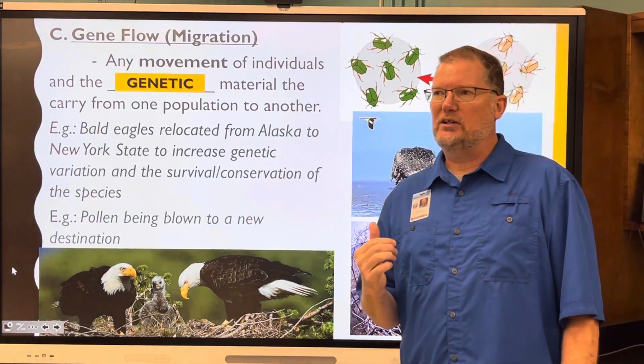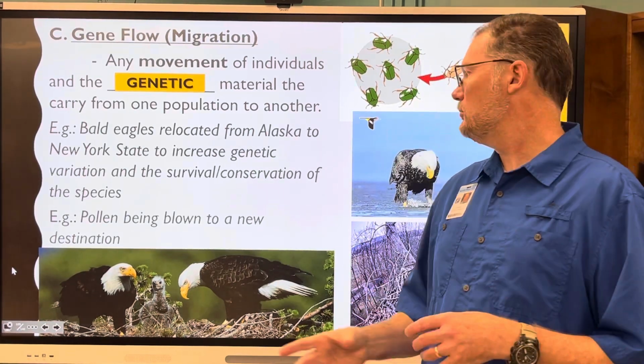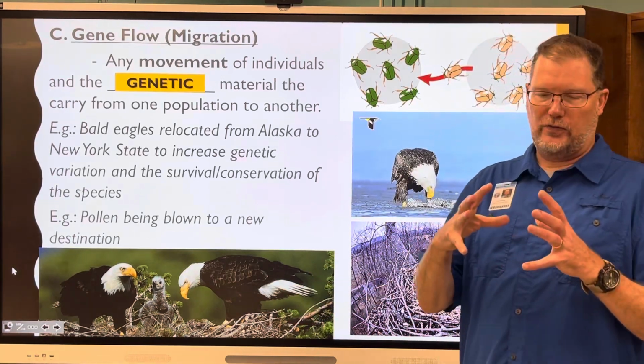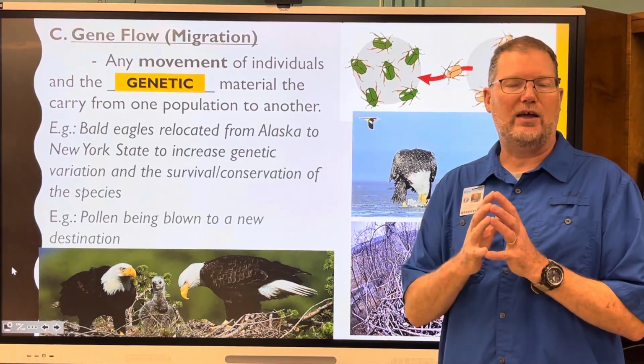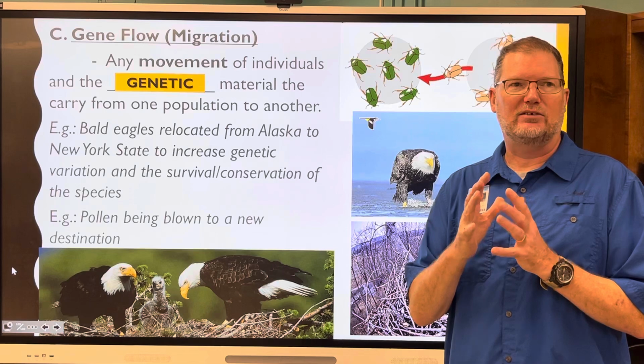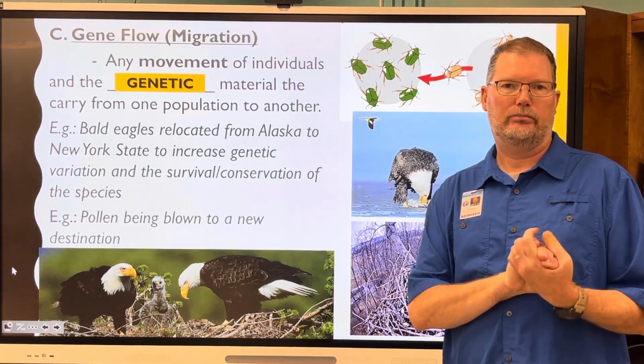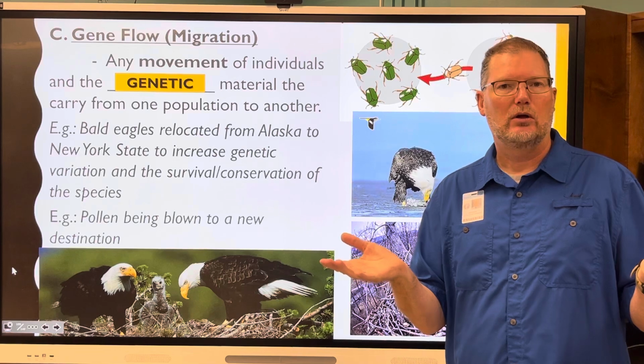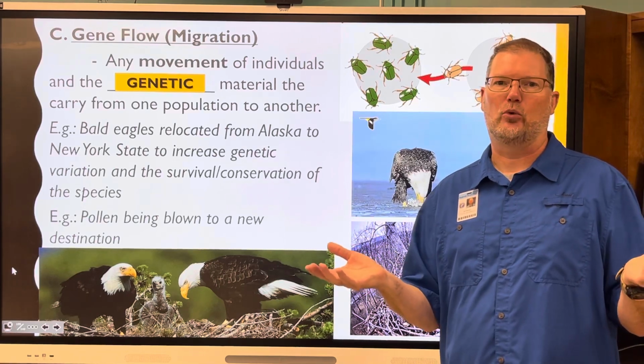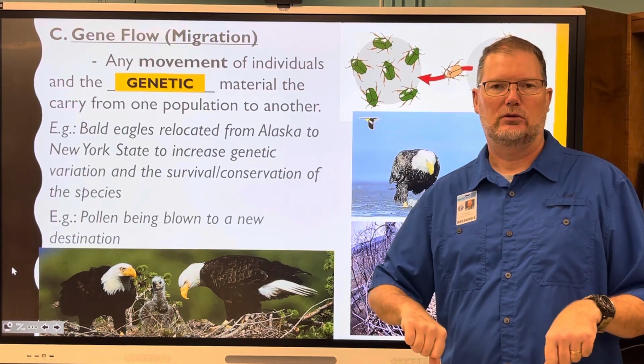Because the DDT was in the environment, it actually made their eggshells thinner. So thin that when the parents sat on the eggs, they cracked. No babies were being born. So what happens to a population when no babies are born? Plummets.